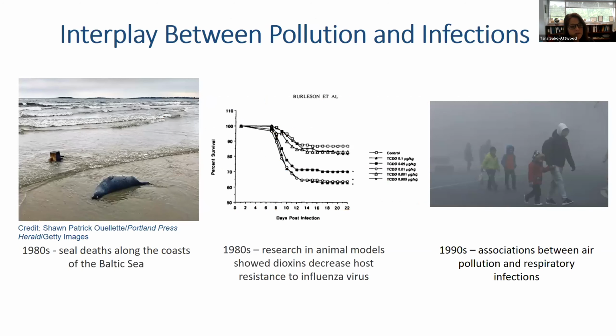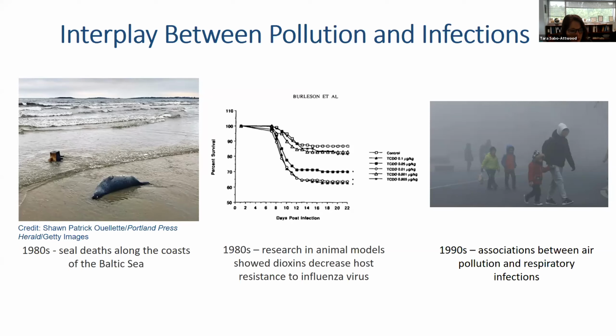So really this idea that there's interplay between chemicals and microbes where they interact with each other, whether that's directly or indirectly to influence health outcomes, is not really a new idea per se. And historically, there are quite a few examples for this. So for example, in the 1980s, thousands of seal deaths were observed along the coast of the Baltic Sea, which turned out to be a consequence of a distemper virus.